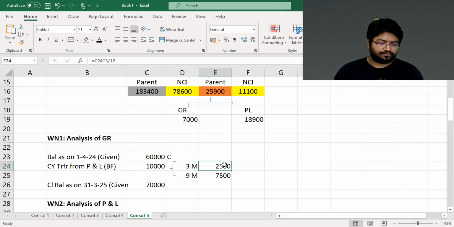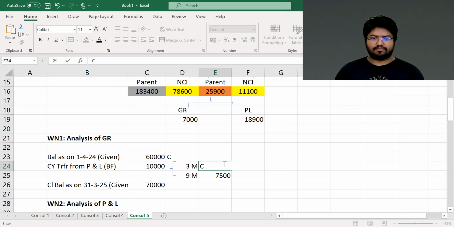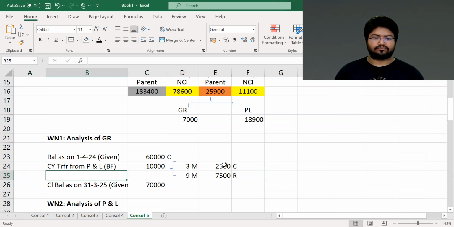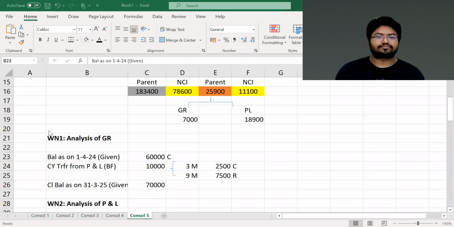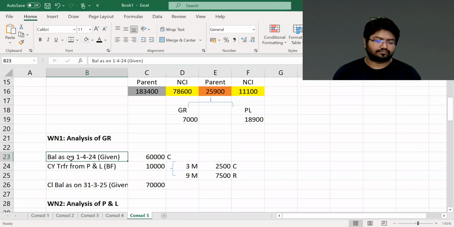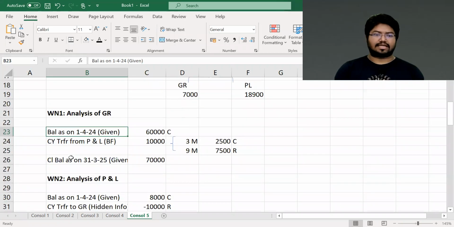So it's going to be 2,500, which goes on C side, and 7,500 goes on R side. Is that clear? Yes, sir. Next.